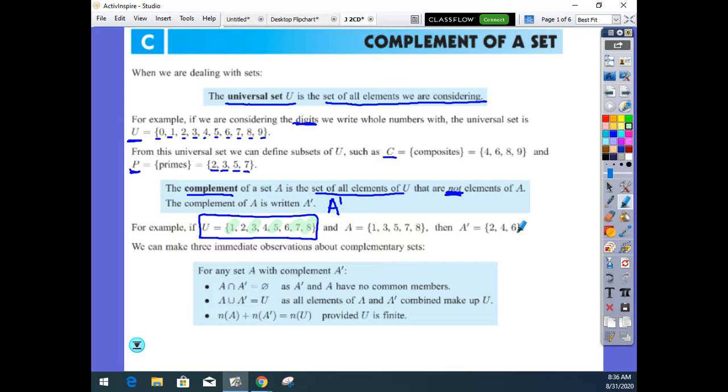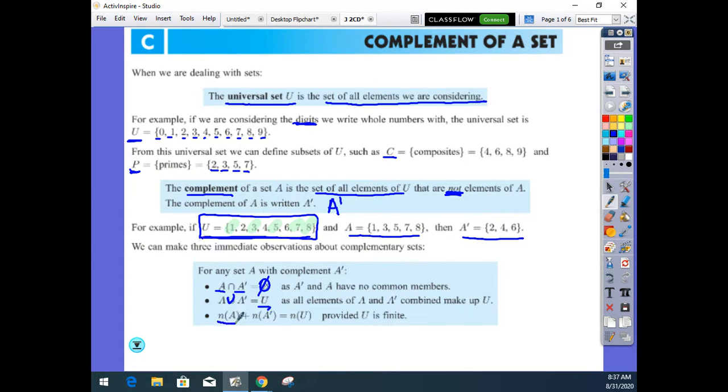So we can make 3 immediate observations about complementary sets. If we intersect A and A prime, it's the null set because they have nothing in common. If we union A and A prime, we get the universal set. And back to this one, if we combine A and A prime together, that's what makes the universal set.